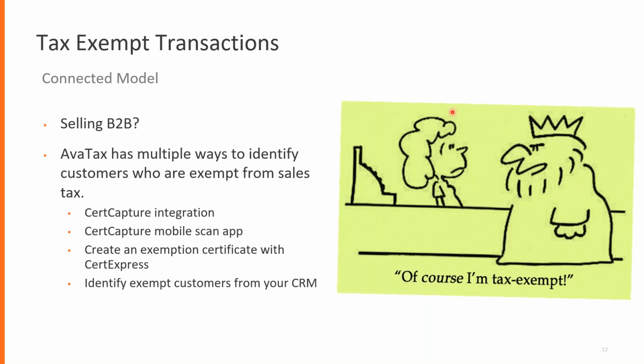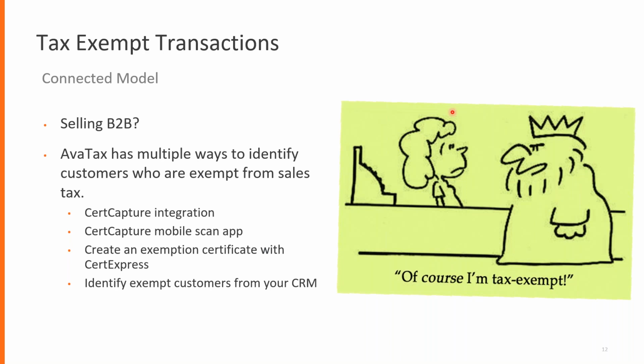Okay, and then Melissa Maddie asks, how can the point-of-sale API support B2B sales where exemption certificates on file in cert capture or being collected at the point of sale need to apply only to certain items being purchased? That's going to be within the point of sale application. We can identify whether the customer or the entire document is exempt by passing the exemption ID at the header level, or we can pass the exemption ID at the line level.